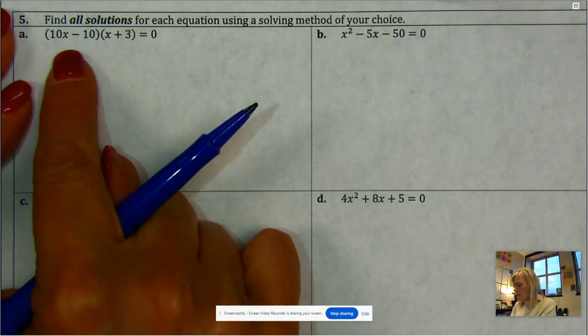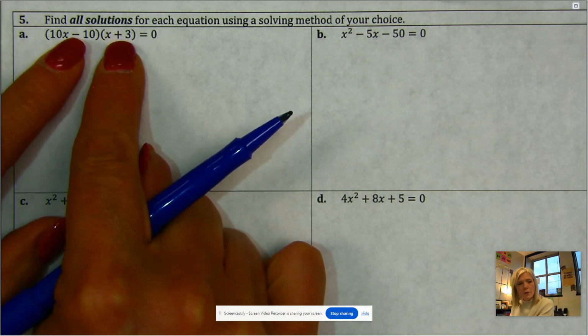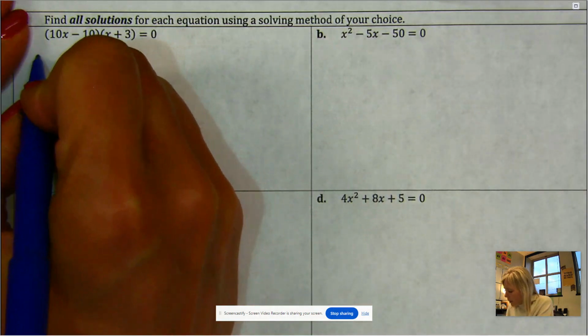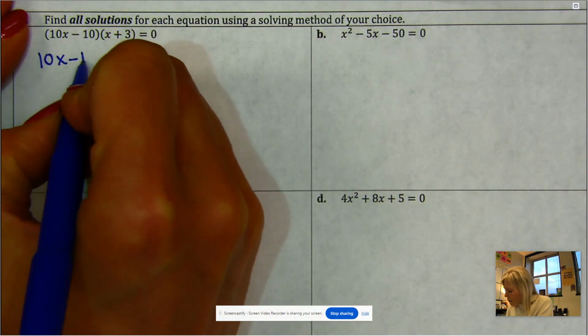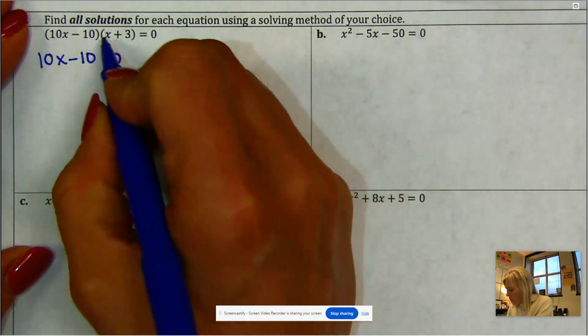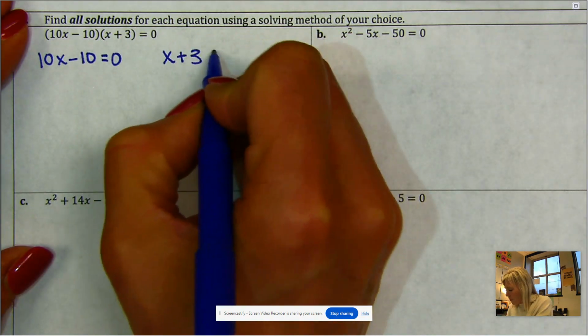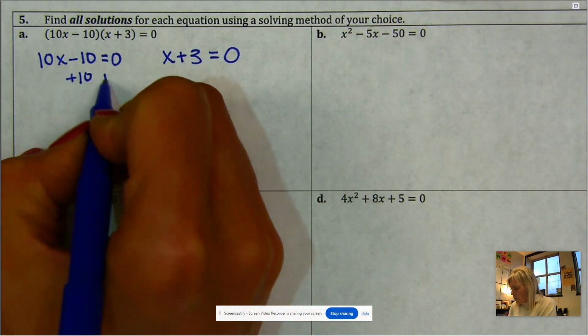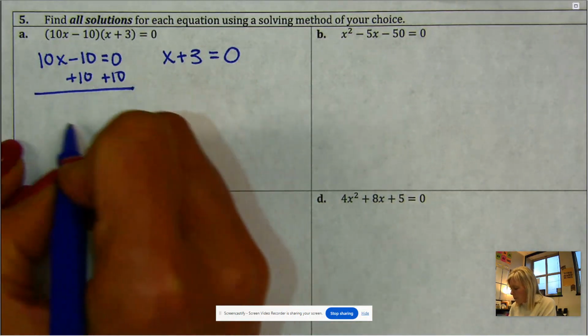This is already factored, and when you multiply two numbers together and get an answer of 0, then either 10x minus 10, the first factor, equals 0, or the second factor, x plus 3, equals 0. So you just have to solve these individually.